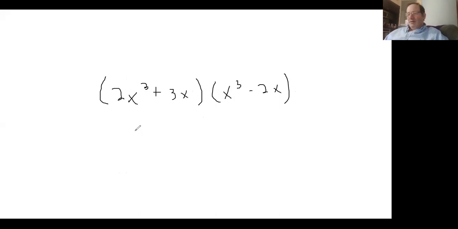First term is 2x cubed times x cubed, right? When you multiply the same bases with exponents, you just add the exponent. So it's 2x to the 6th. And the only answer choice that has that as the first term is C. So the answer for number 2 is C.